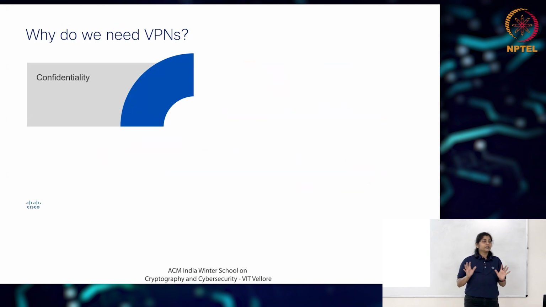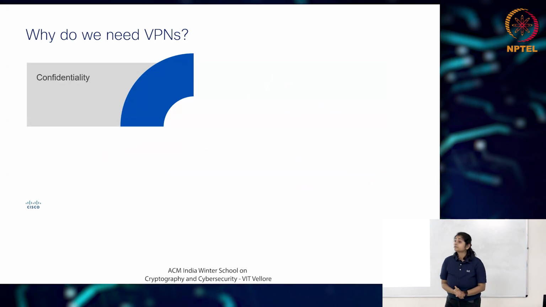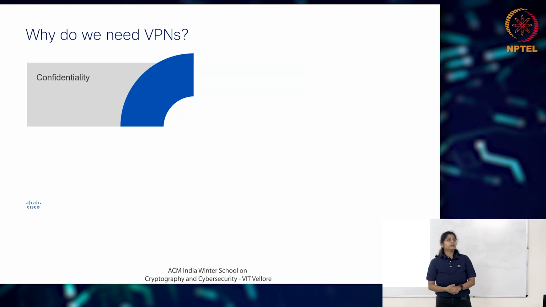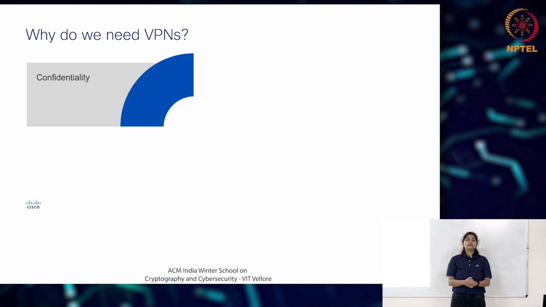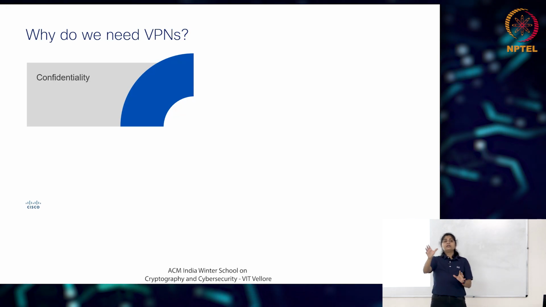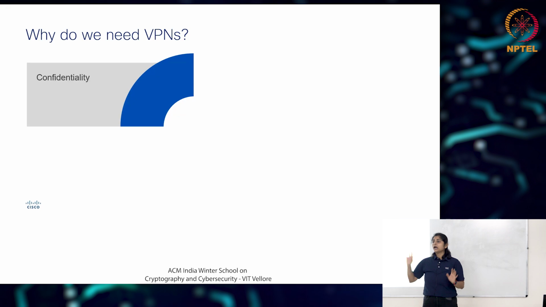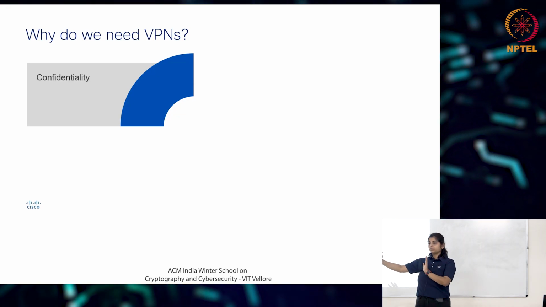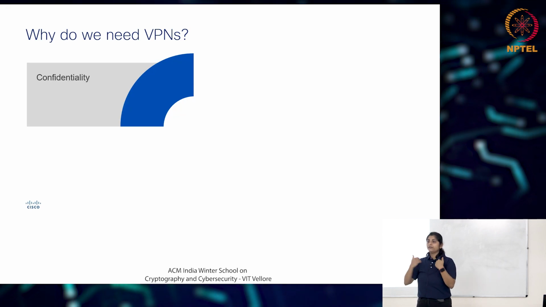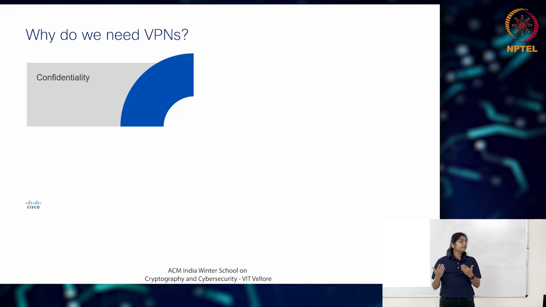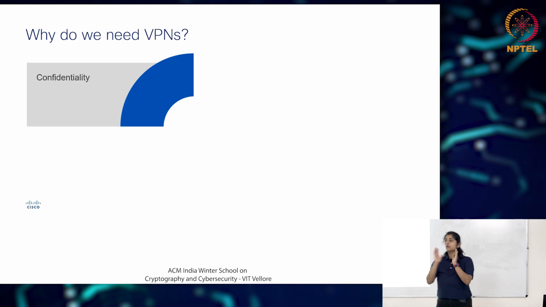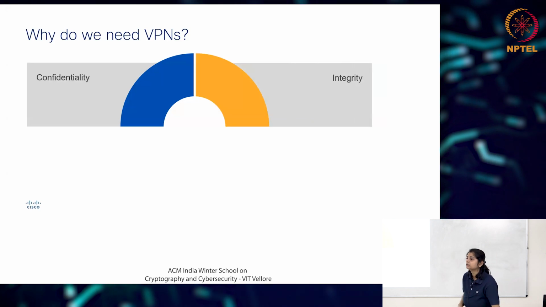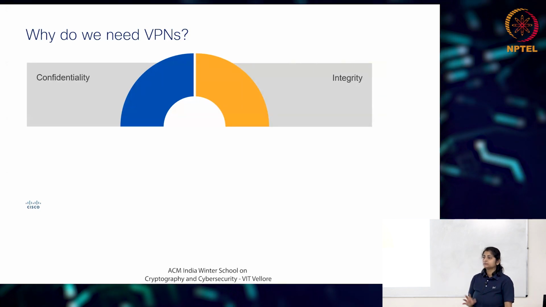Anyone know what confidentiality is? Yes. If I'm sending a message 1, 2, 3, 4, I don't want it to change. I want it to go as 1, 2, 3, 4 itself. There should be no change. If I am talking to you, you should receive the message as it is. No one should be able to read it. Integrity? Any idea?